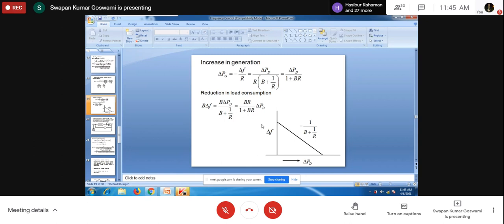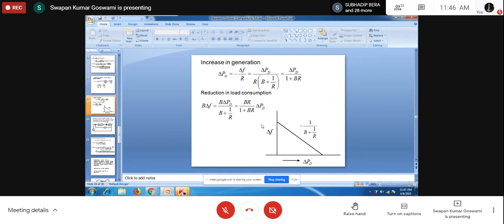And if this happens, what will happen to the system frequency? It will vary through a wide range. That means frequency control is not there, you can say. In the true sense, frequency control is not there. If you depend upon the free governor action alone, then you cannot regulate your system frequency.